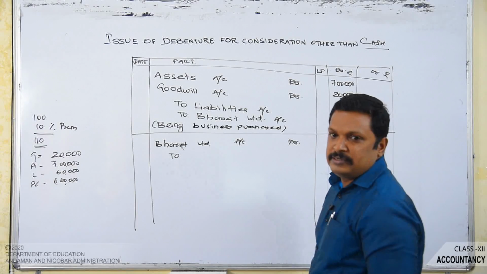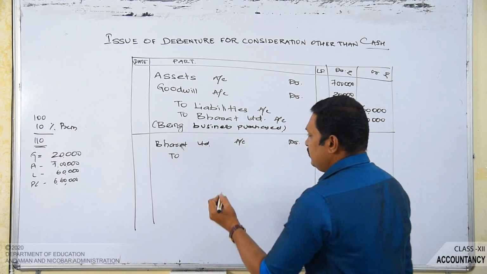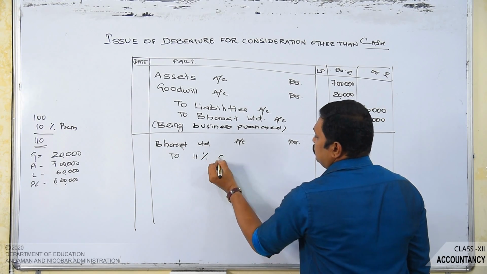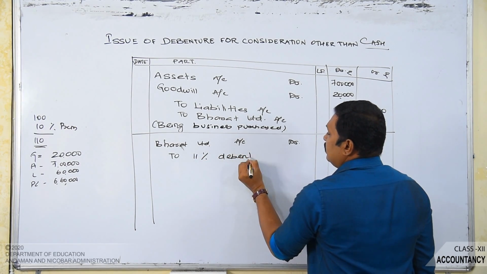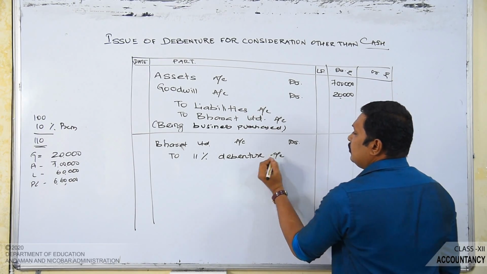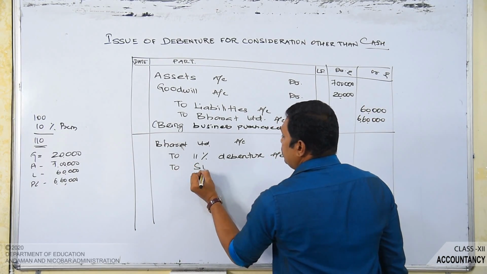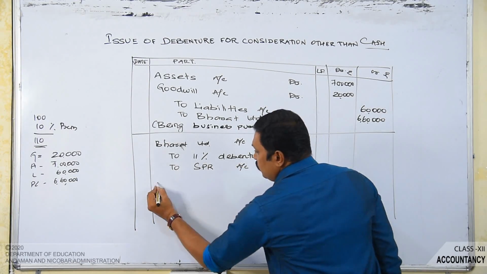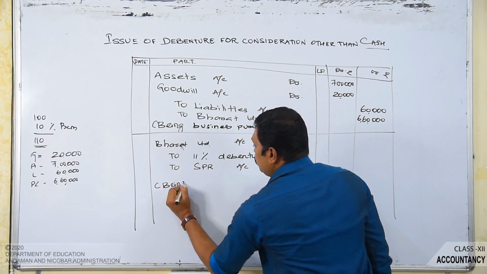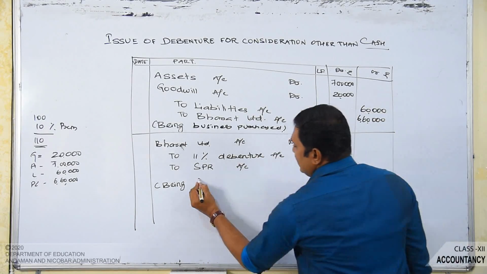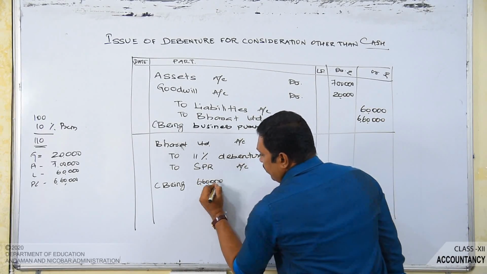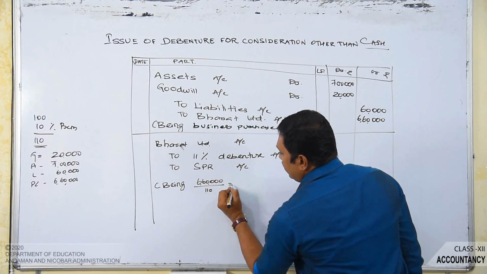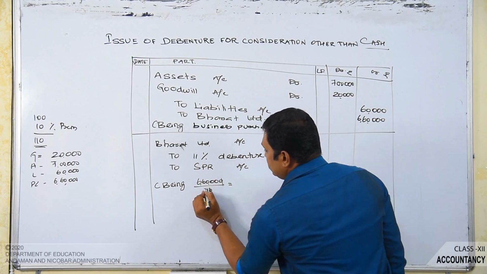The rate of debenture is not given in the question, so you write 11% debentures account, and to securities premium reserve account. As usual, we have to divide. Being the issue price, 6,60,000, and we are issuing at 110. Just divide it.